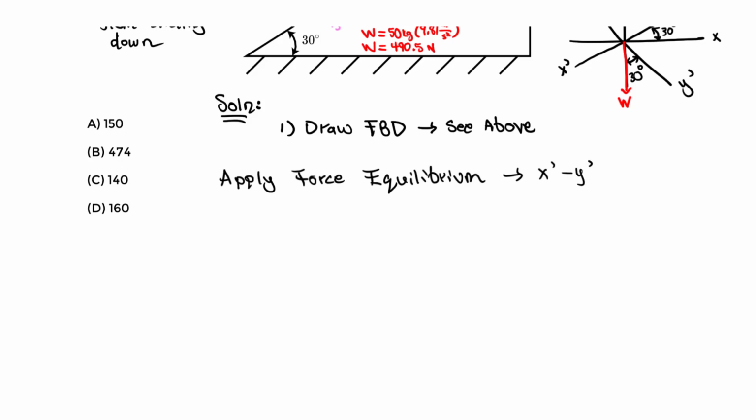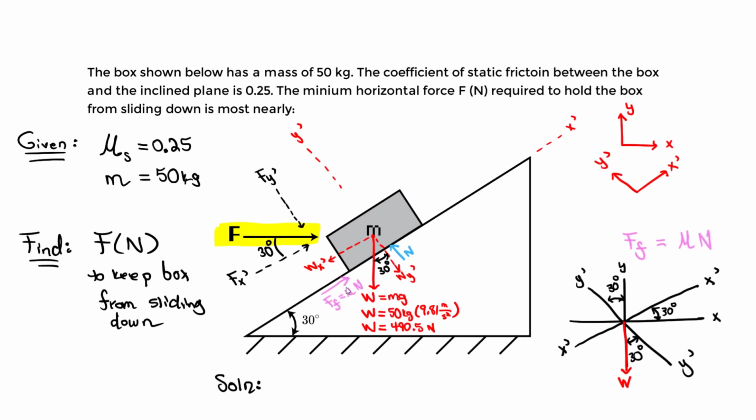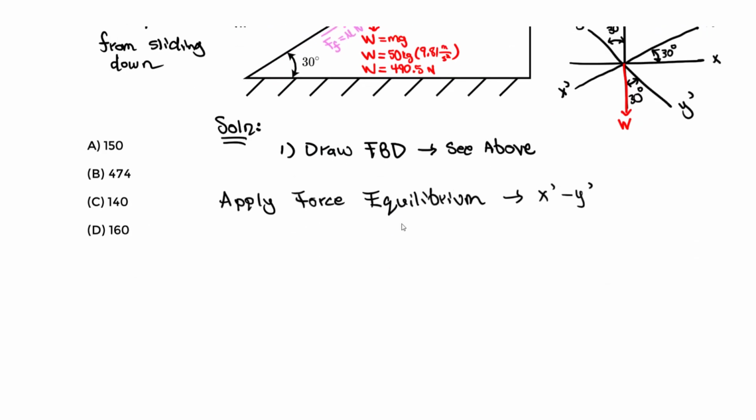So the first one I want to do is the sum of the forces along the y prime, because that usually helps us determine the normal force, but in this case it's not actually useful, but let's just stick with that. We'll do the sum of the forces along the y prime first. So the sum of the forces along the y prime axis must equal 0 because we're looking at statics, right?